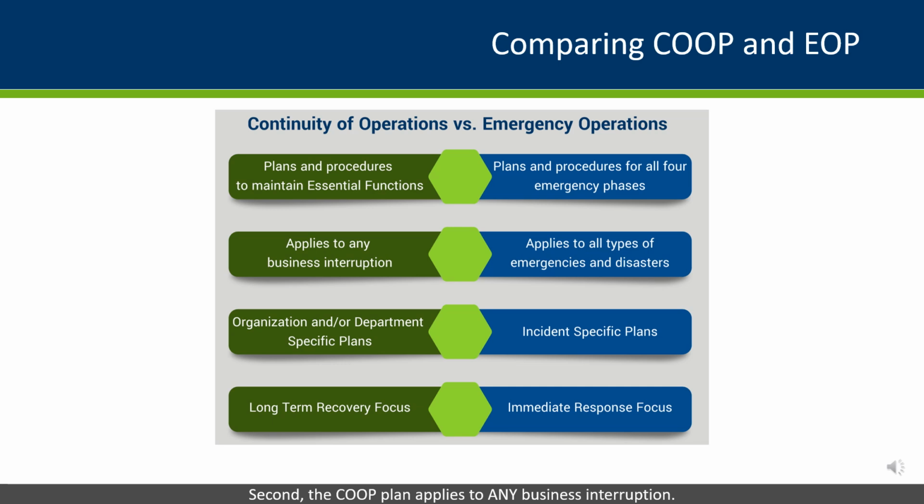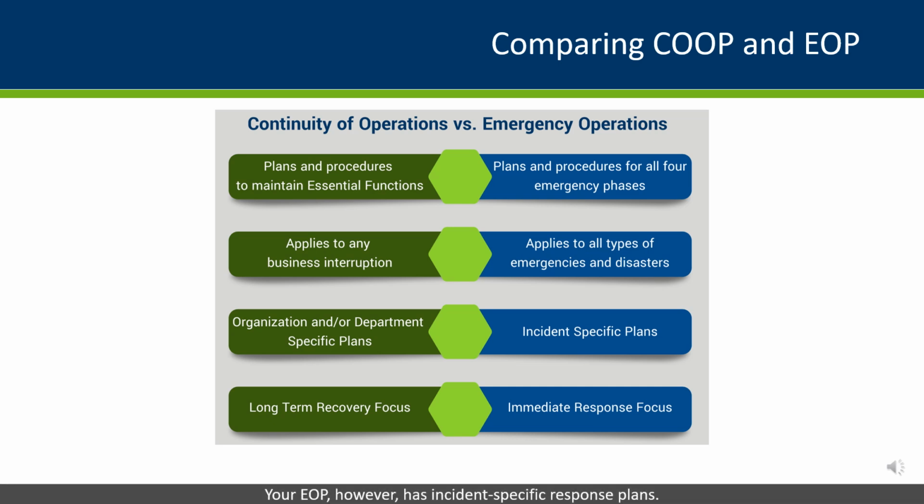Second, the COOP plan applies to any business interruption. Your EOP, on the other hand, supports emergency response and prioritizes your greatest risks or vulnerabilities. This scope is larger than your essential functions, but they may intersect. Next, your COOP outlines organizational and/or department-specific plans based on your essential functions.